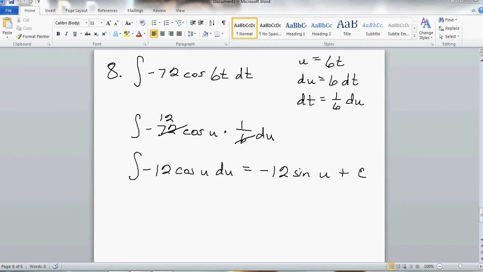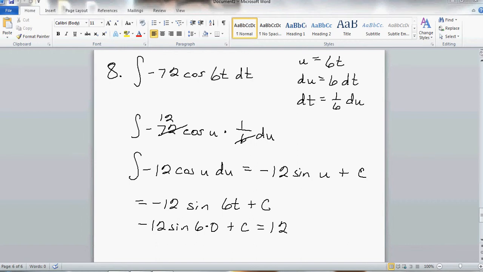And we're told that the first derivative of 0 equals 12. So that means, we need to resubstitute back in. So this becomes negative 12 sine of 6t plus c. So then negative 12 sine of 6 times 0 plus c equals 12.